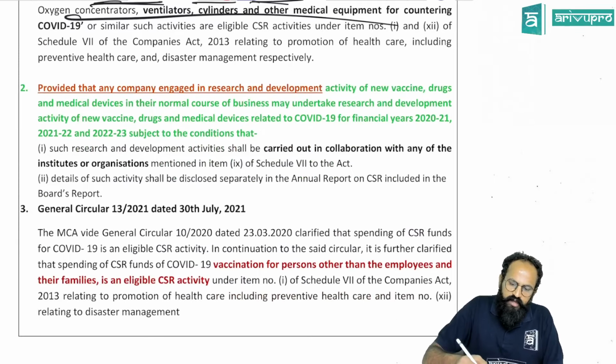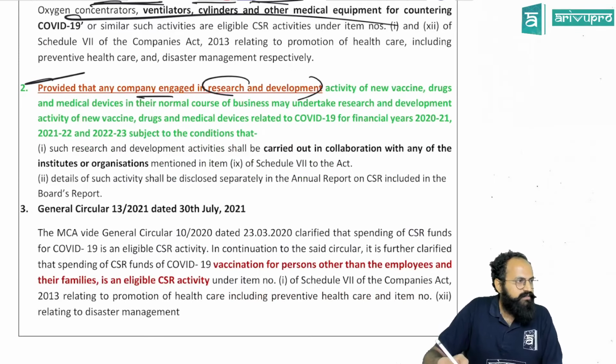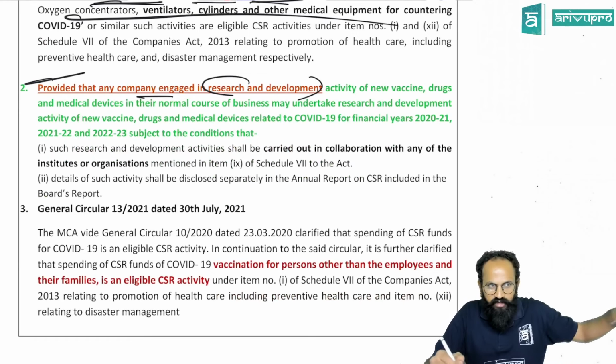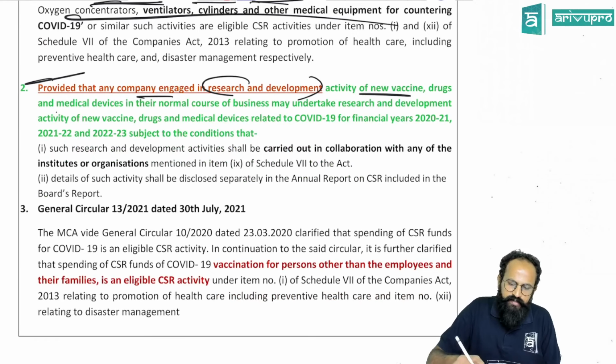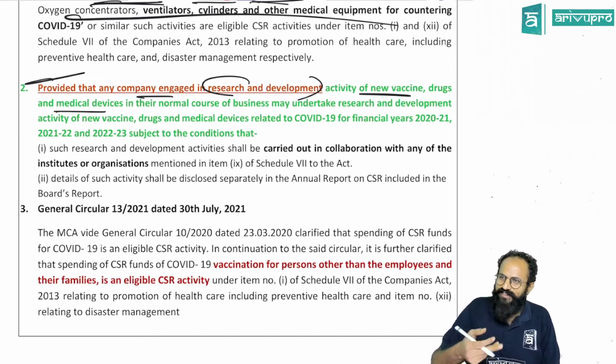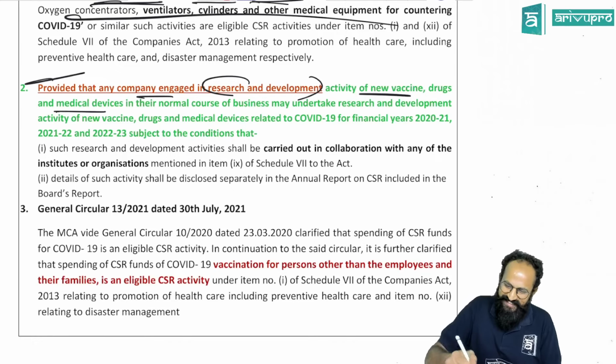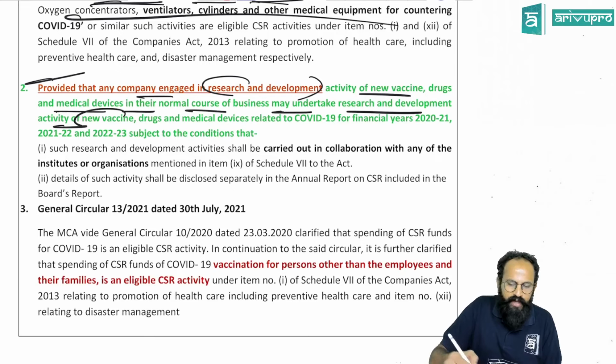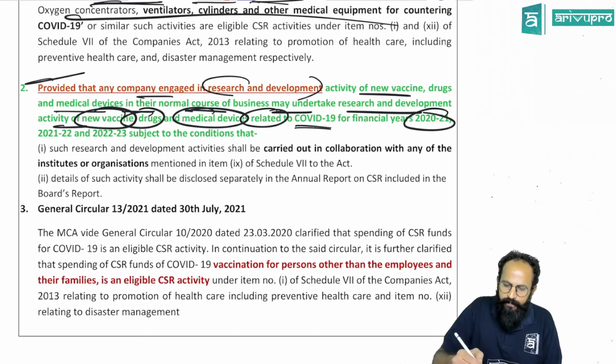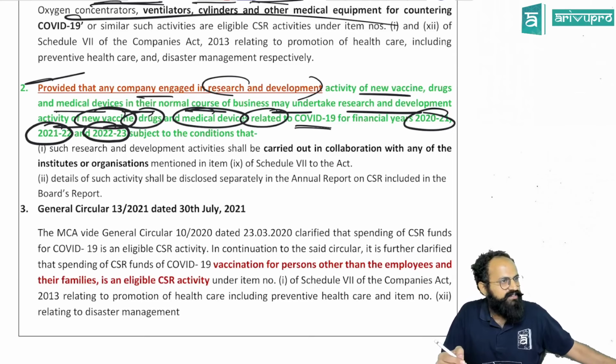And what else, sir? The company engaged in research and development. What is research and development? We saw the exception of new vaccines, drugs, medical drugs. In their normal course of business, may undertake research and development activity of new vaccines, drugs, medical devices related to COVID-19 for financial year 2021-22, 2022-23, done by this year.